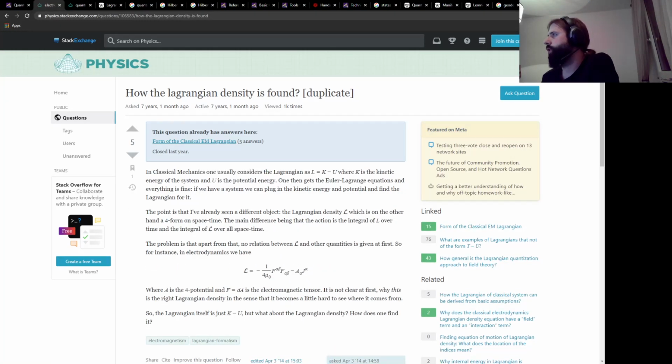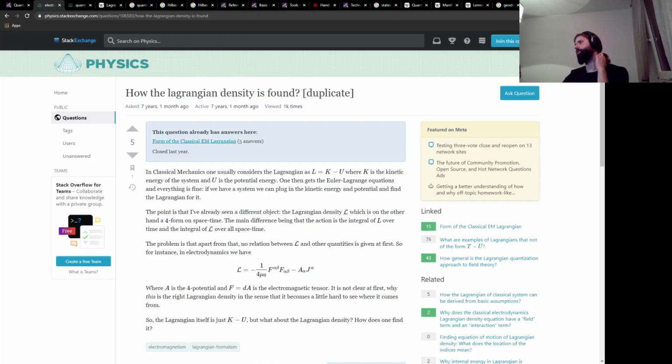In classical mechanics, one usually considers the Lagrangian as L equals K minus U, where K is the kinetic energy and U is the potential energy.